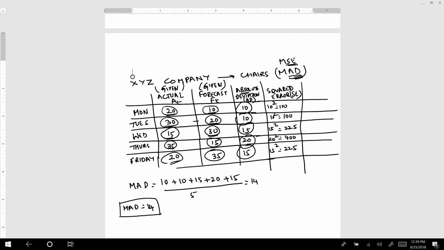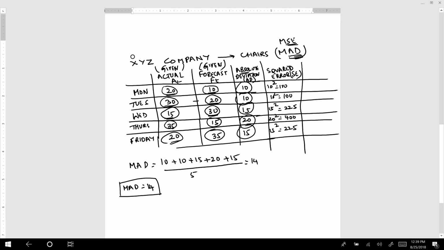So I have squared error, now I have to take the mean of it, MSE. The formula is summation of a of t minus f of t whole square divided by n minus 1.